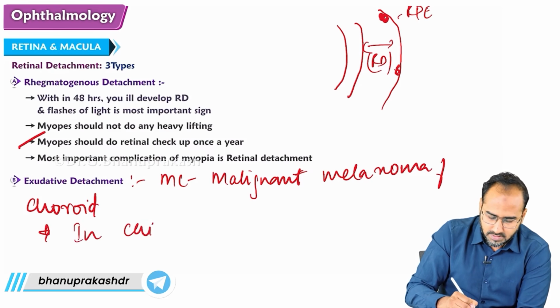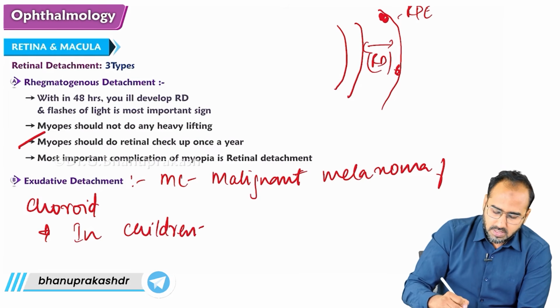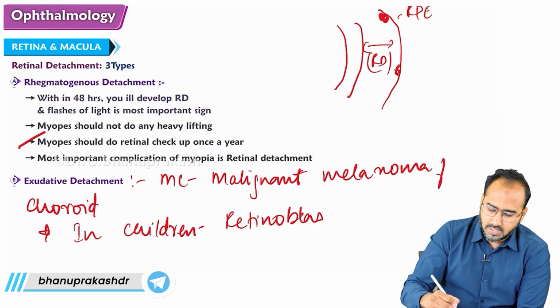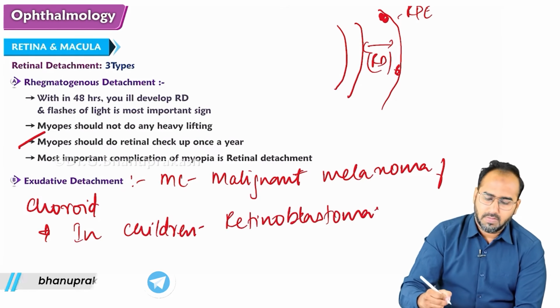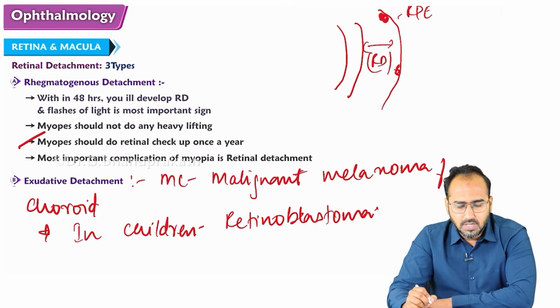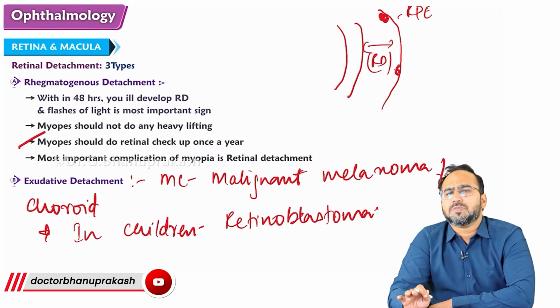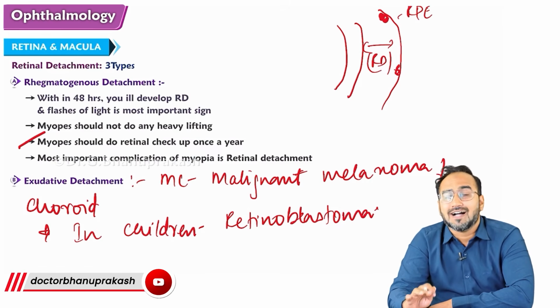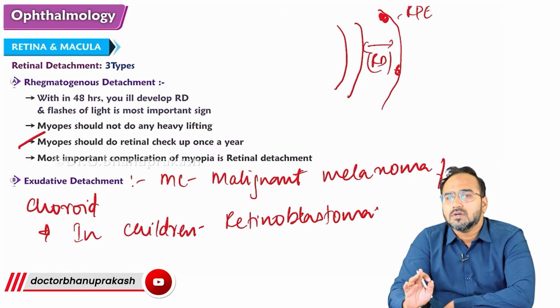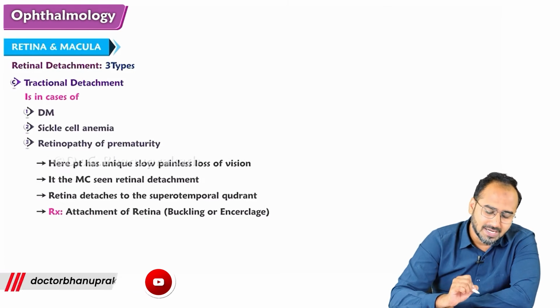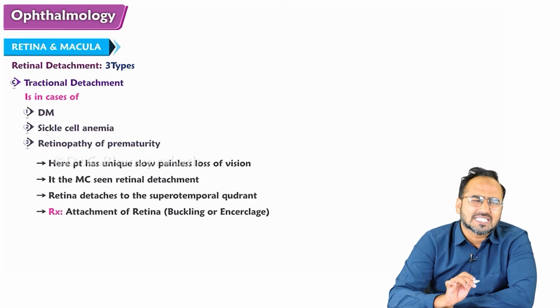In children, it is retinoblastoma. Okay. So basically, exudative retinal detachment means the retinal detachment that is occurring due to some tumor of the eye. The third type of retinal detachment is called tractional.